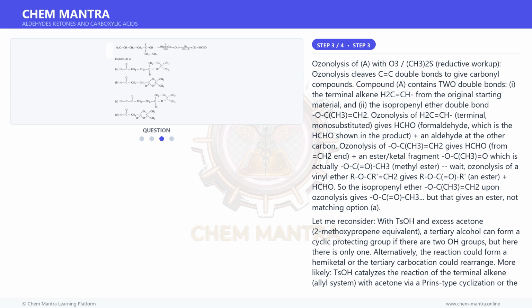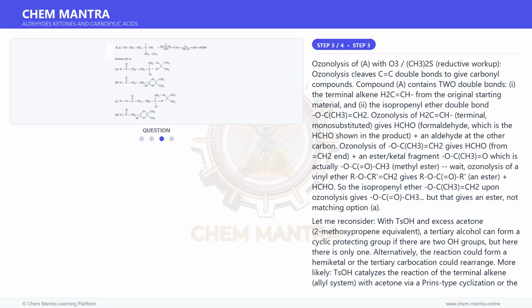Actually, rereading, the molecule has a terminal alkene and a tertiary OH separated by two CH2 groups. Under TsOH and acetone, a Prins-type cyclization could occur, forming a cyclic ketal where the alkene and the alcohol react with acetone. This would give a 6-membered ring, a 1,3-dioxane derivative, or similar. The Prins cyclization of a homoallyl alcohol with a carbonyl compound under acid gives a tetrahydropyran.